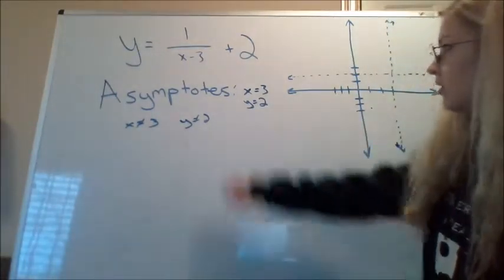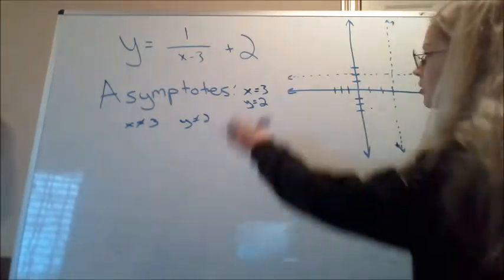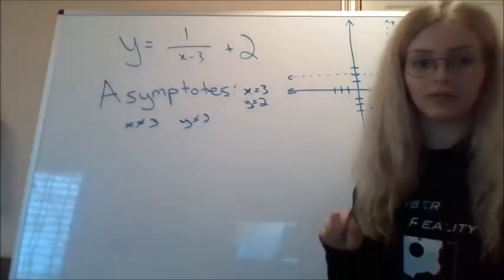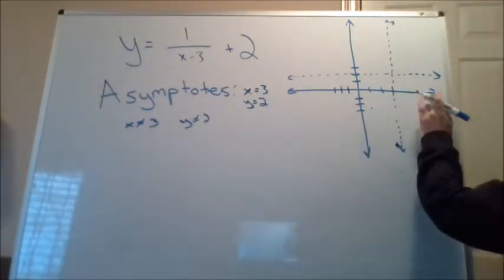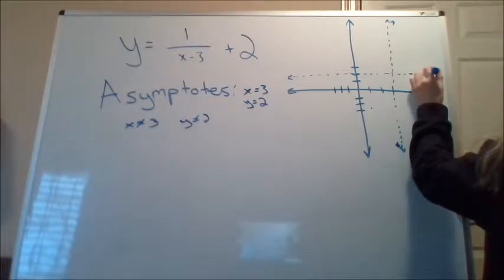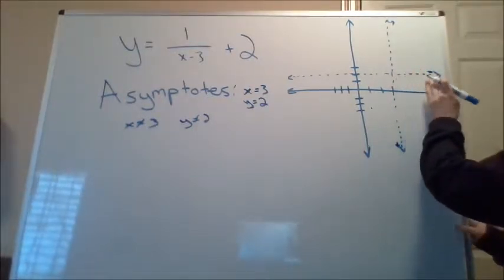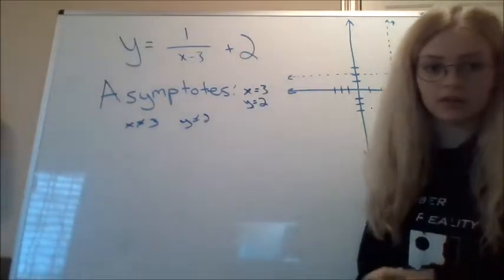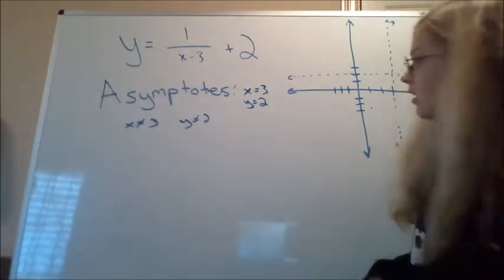This smaller amount would get so tiny that we would almost get 2 eventually, but we wouldn't get 2, we would get very, very close to 2. So as we get bigger and bigger values of x, our function is going to approach y equals 2. It will always be bigger than 2, but it will never get to 2.